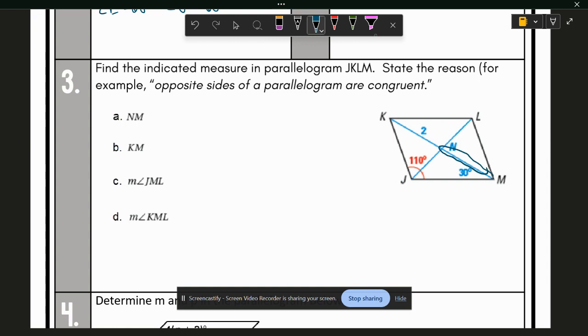Because it shows our diagonals, NM should also be congruent to KN. So NM is equal to 2. Diagonals bisect each other. What would that give us for KM then? 4. Good. KM would be 4. That's the total of the diagonal.